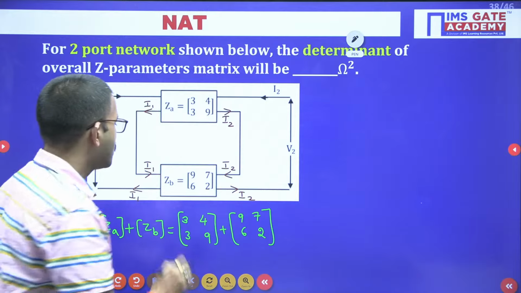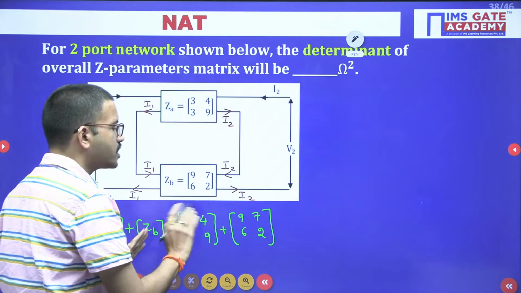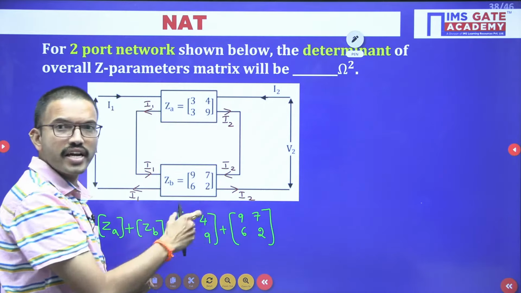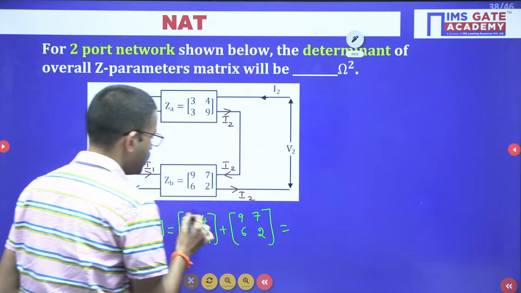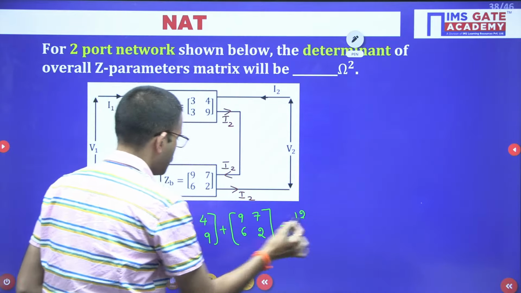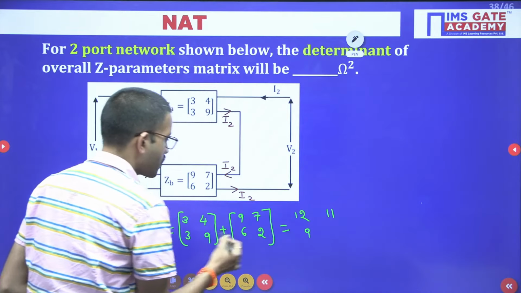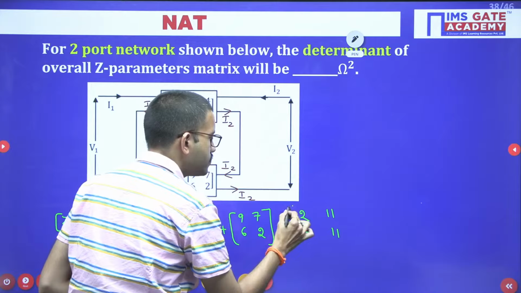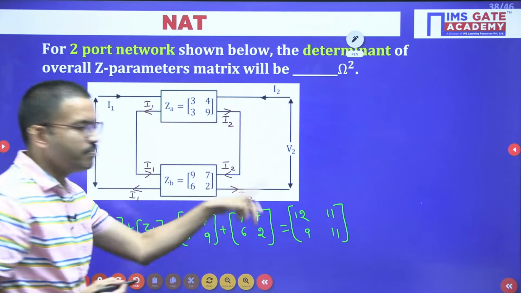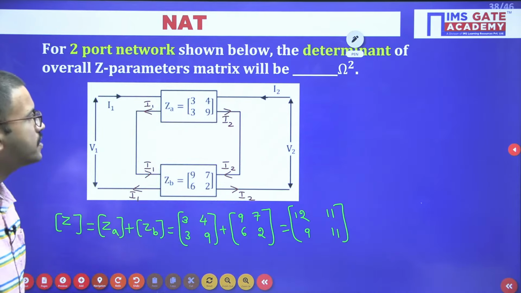You add the respective elements row-wise and column-wise. 3 plus 9 is 12, 4 plus 7 is 11, 3 plus 6 is 9, 9 plus 2 is 11. So this is the resultant impedance parameter matrix.